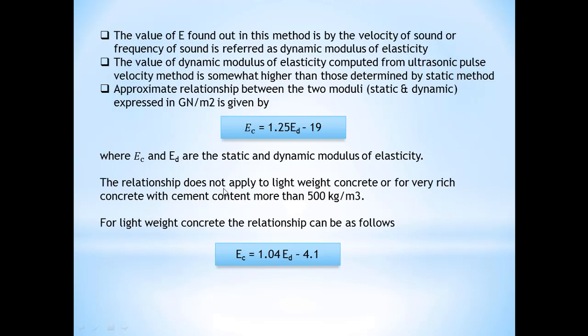The relationship does not apply to lightweight concrete or for very rich concrete with cement content more than 500 kg per meter cube. So for lightweight concrete, the relationship is as follows: EC is equal to 1.04 ED minus 4.1.